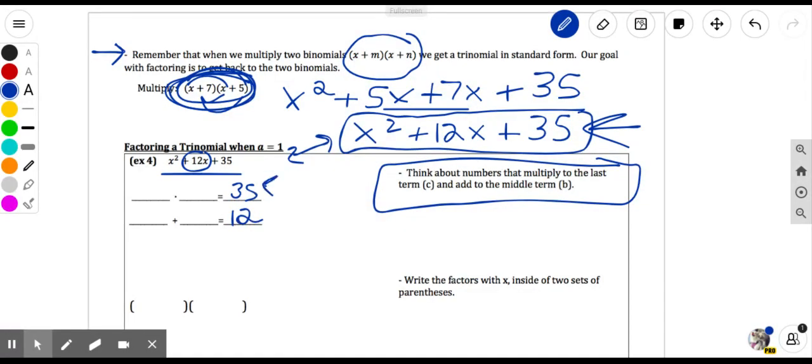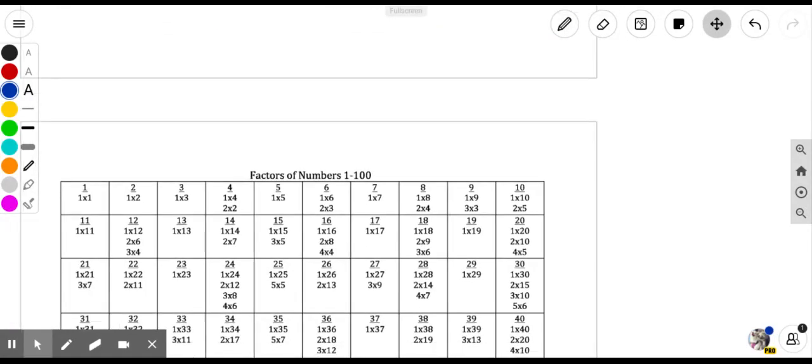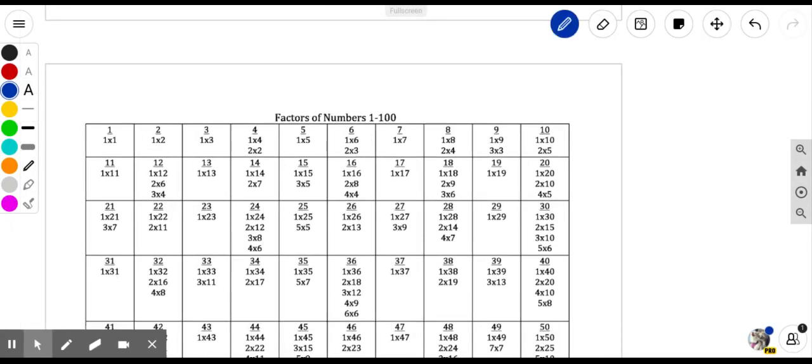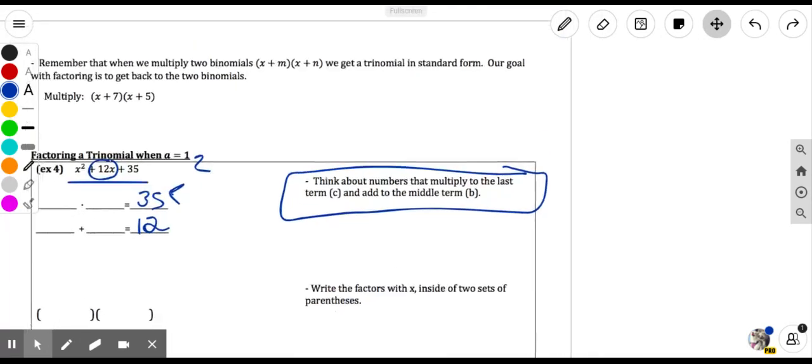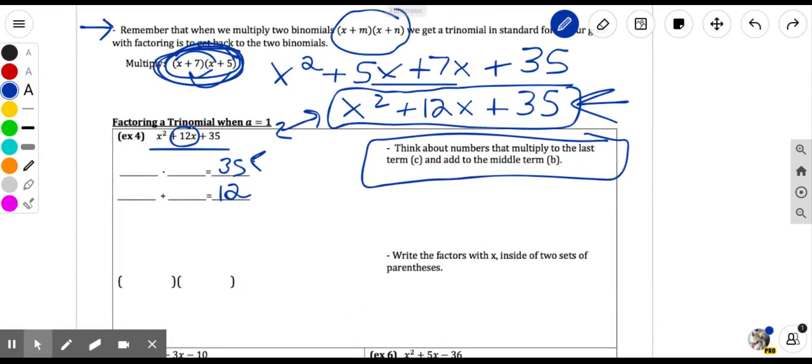Now, if you don't know the factors of 35, take a look at the factor chart, find 35. Where is it? Here's 35. Those are the factors of 35. Of those factors, which ones add to 12? Well, 5 and 7. So those are your winning numbers because 5 times 7 is equal to 35 and 5 plus 7 is equal to 12.